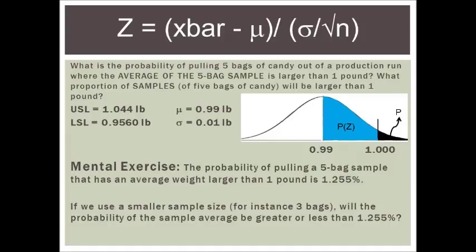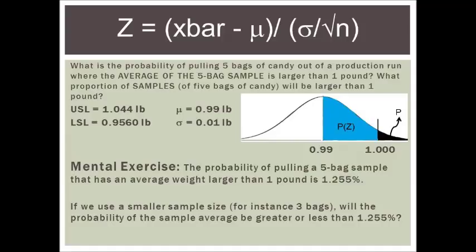Well, if I did that, what would my sample average be? The average would just be 0.99, because that's the same as the population average. The population is all of the bags that ever have been made and ever would be made. And if I chose that to be my sample size, then the average of my sample would always be 0.99. It would never be anything else.